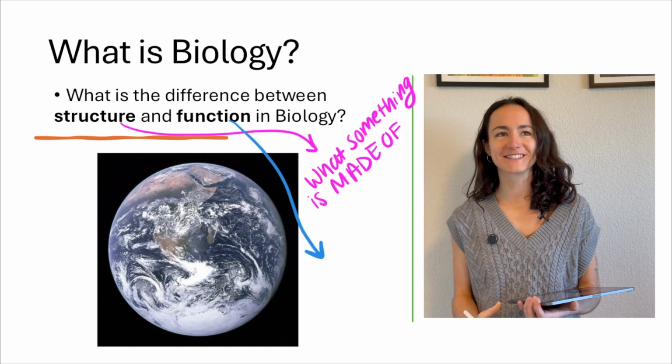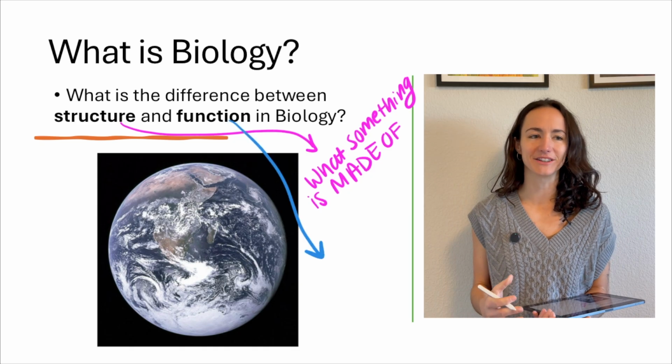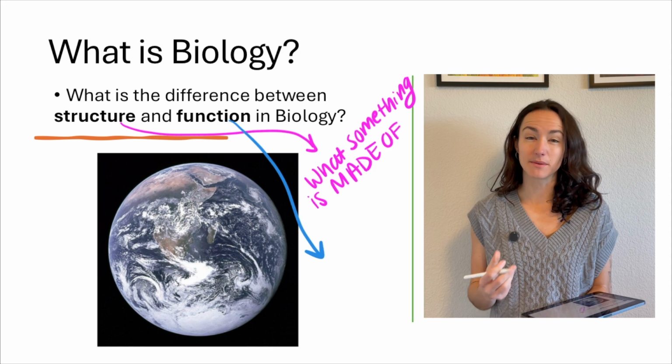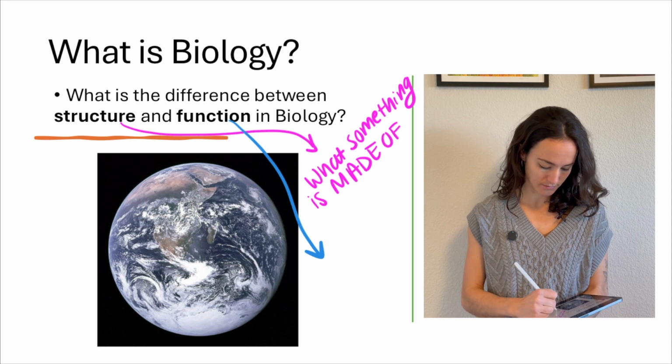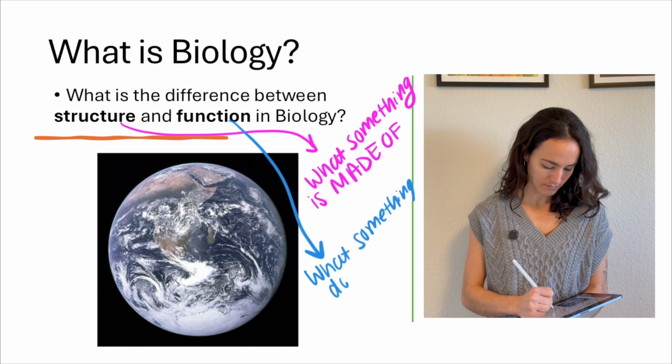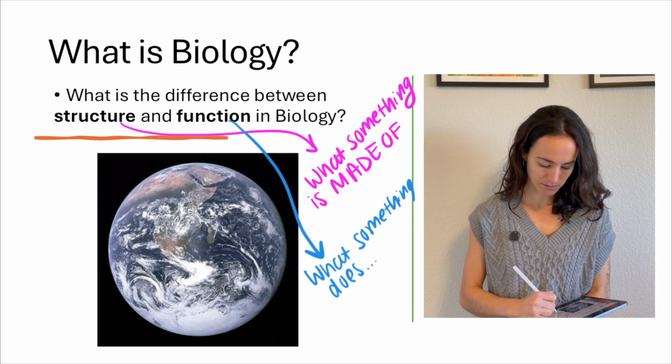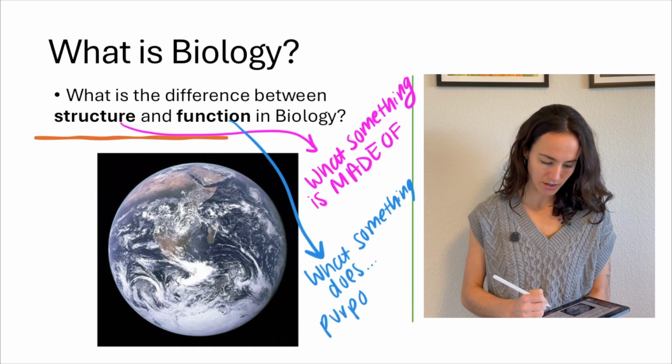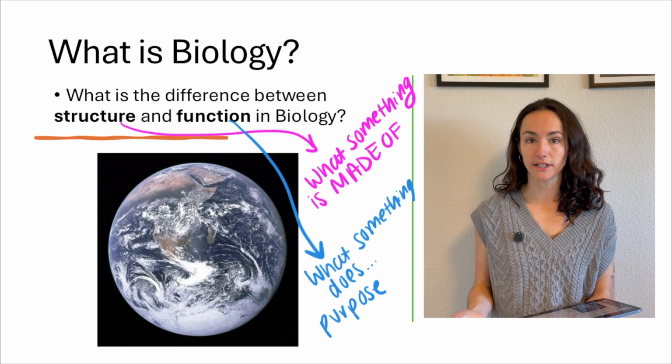Whereas function, it's kind of hard to think of without actually saying the word function, but it's like what something does. A lot of times we think of the word purpose or some sort of emergent property.